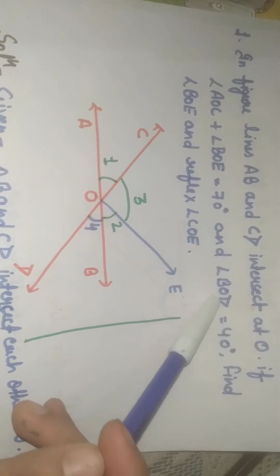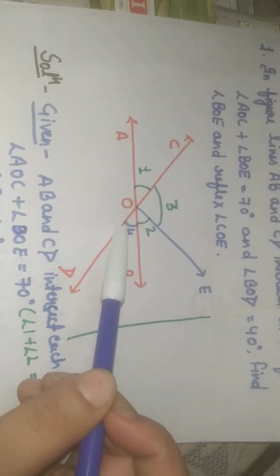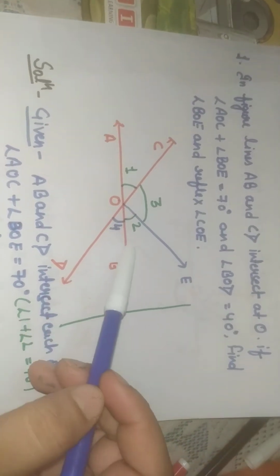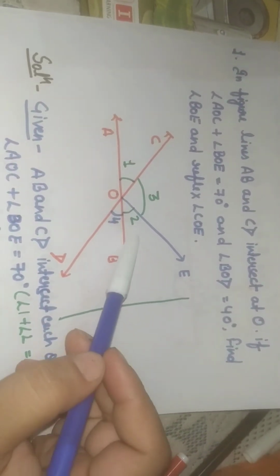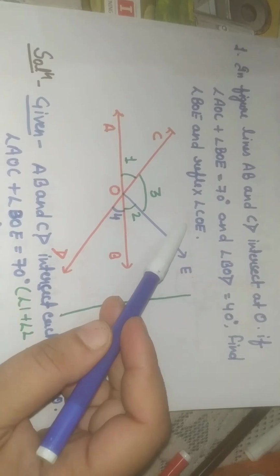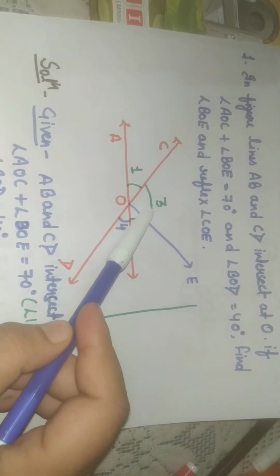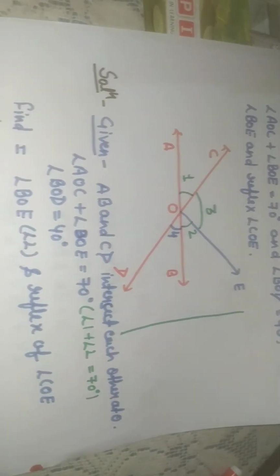And angle BOD is equal to 40 degrees. Find angle BOE, that is angle 2, and the reflex of angle COE, which is angle 3.